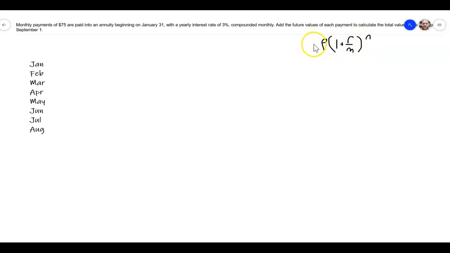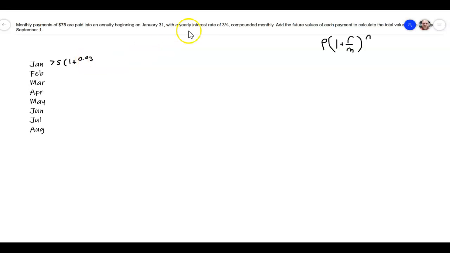All right, since we're talking about compounding interest rates, I'm paying $75 each month. So for January, I'm going to have $75 that I put in, and I'm looking at 1 plus my rate, which is 0.03.